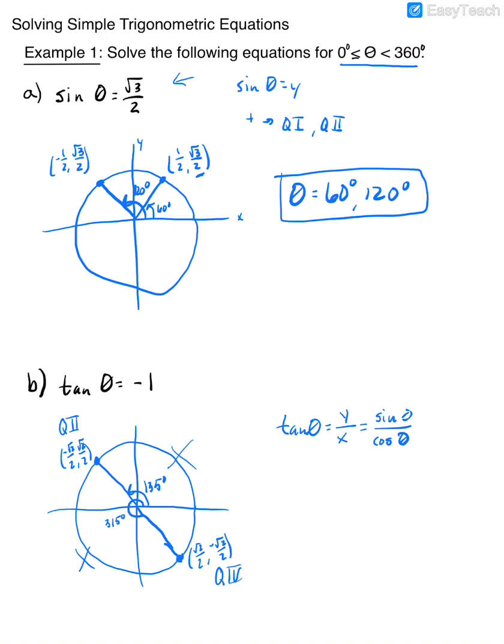So looking at these, however you orient them, for tangent of 135, you are taking the square root of 2 over 2 divided by the negative square root of 2 over 2, and then multiplying by the reciprocal. So there, they cancel, leaving you with negative 1. So that's how I get negative 1 on the first one.